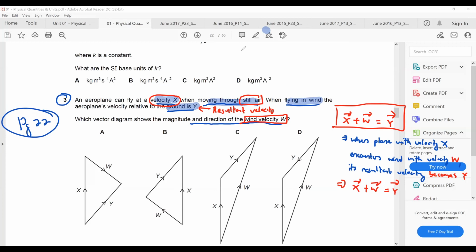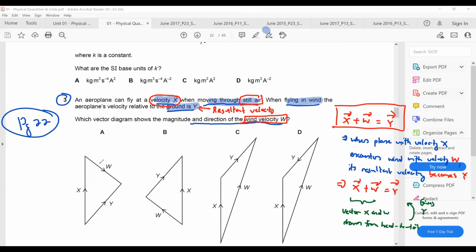All right. So same thing as before. Vectors x and w drawn from head to tail give y.